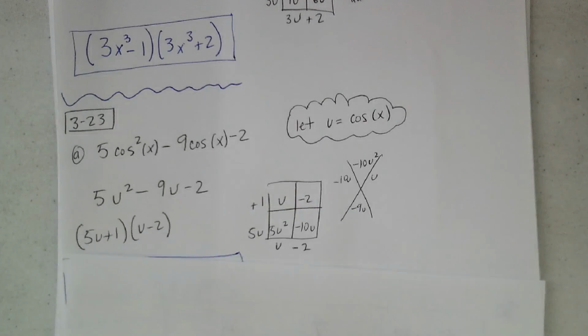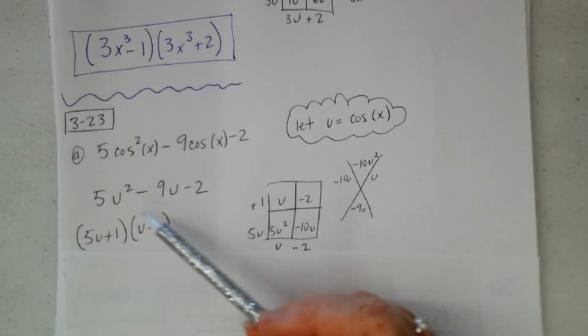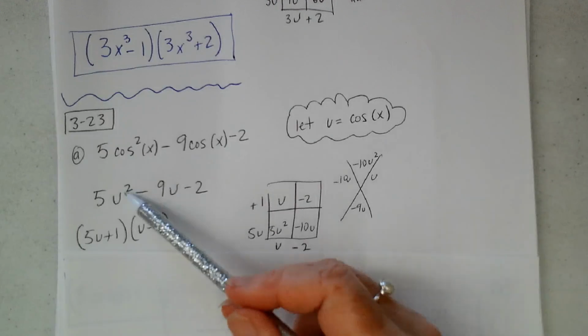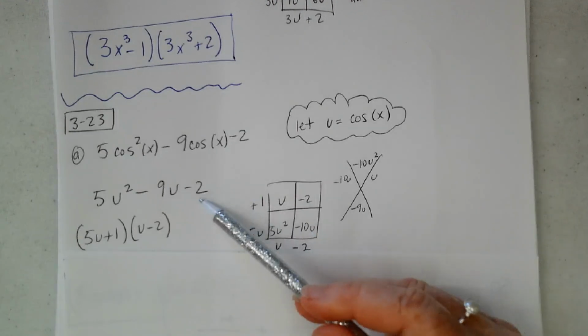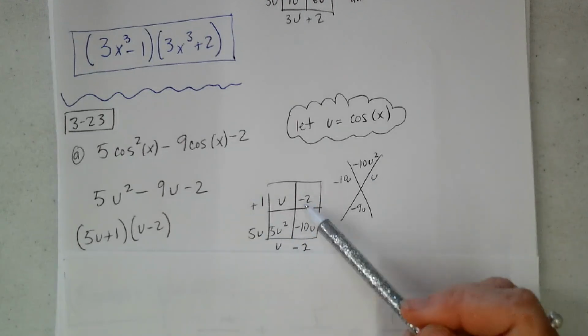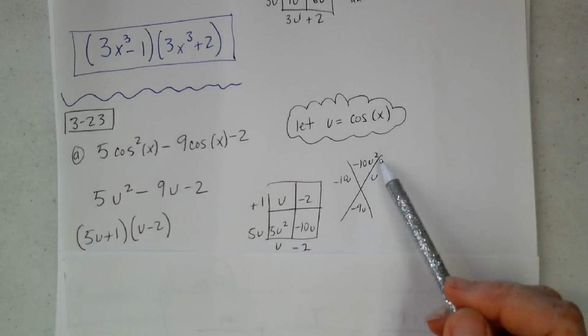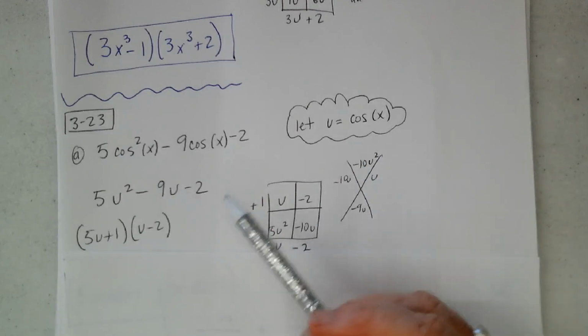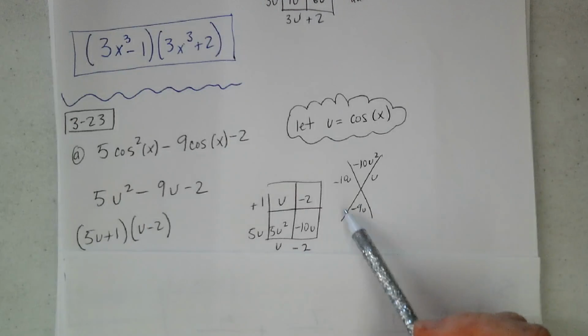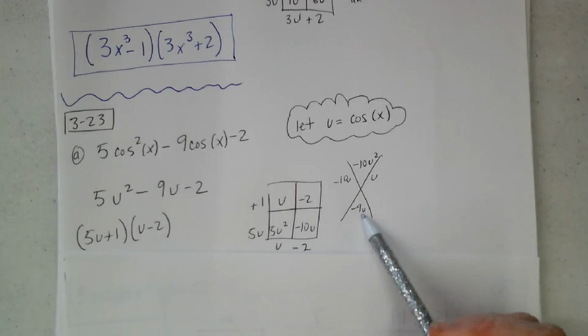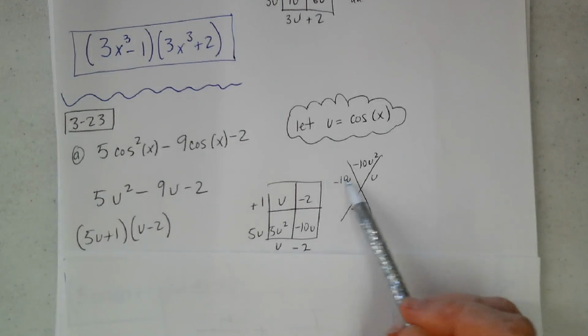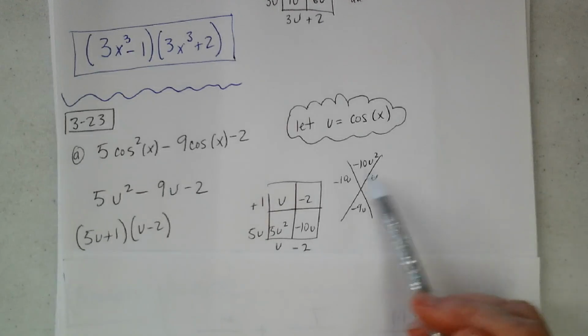And then I'm going to use my area model box. I'm putting the square term in the lower left and the constant in the upper right, multiply them together, make negative 10u squared, and you use this number to see what they have to add to. That says negative 9u. Then I try to find two numbers that make that happen.